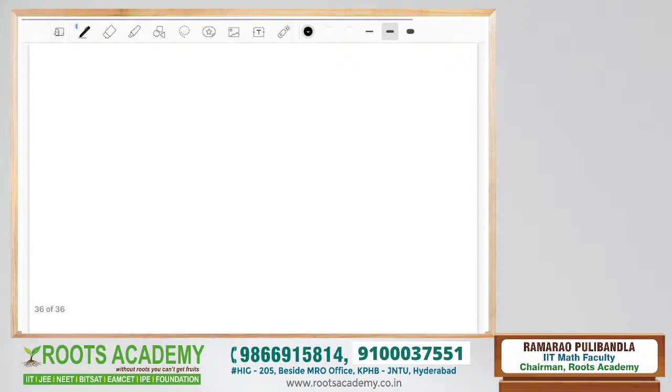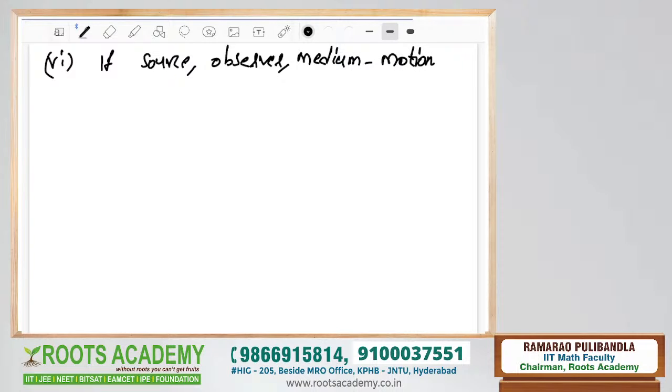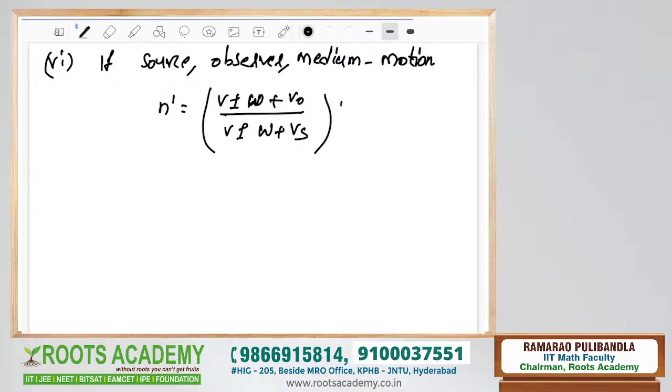And next, the medium between them. So if the source, observer and the medium are in motion, and the medium is also in motion, then the frequency would be (v plus or minus w) divided by (v plus or minus w plus vs), into n.